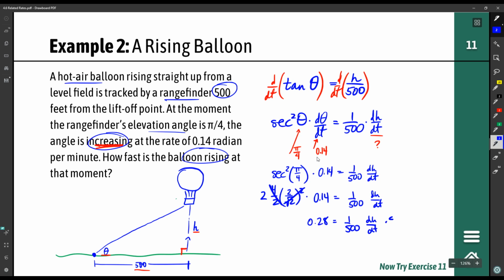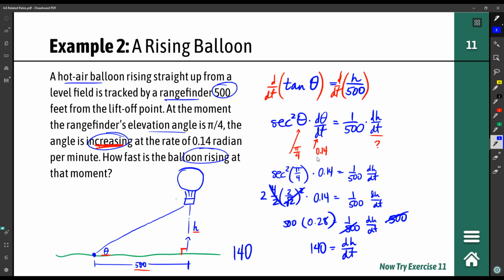And then we need to multiply both sides by 500 to solve for dh/dt. And this becomes 140. 140 is dh/dt. So we found the variable in question. The last thing is interpret that answer. It's a rate. It's the change in height with respect to time. So it's not just 140 as an answer, it's 140 units.